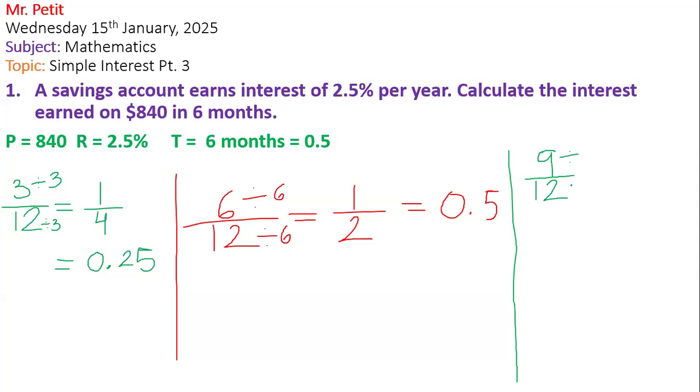Divide both top and bottom by what? By 3. 9 divided by 3 is 3, over 4, since 12 divided by 3 is 4. 3 over 4 is what? 0.75.